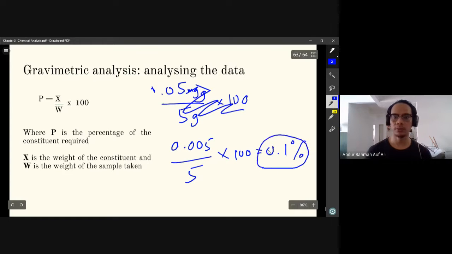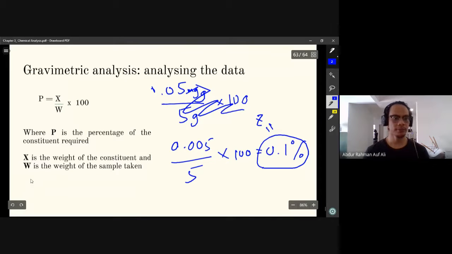Okay, so kalau saya ambil contoh bahan Z tadi tu, bahan Z is only 0.1% of the 5 gram sample. Okay, sangat kecil. So kalau nak tengok whether the drug passes or fail the test, kita kena refer pharmacopoeia lah.